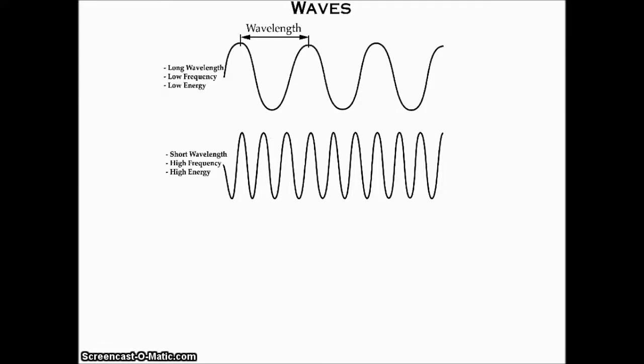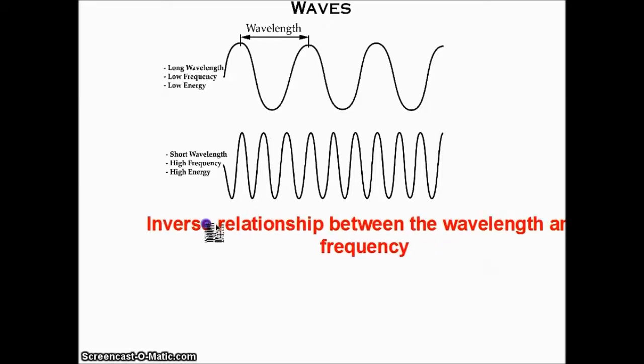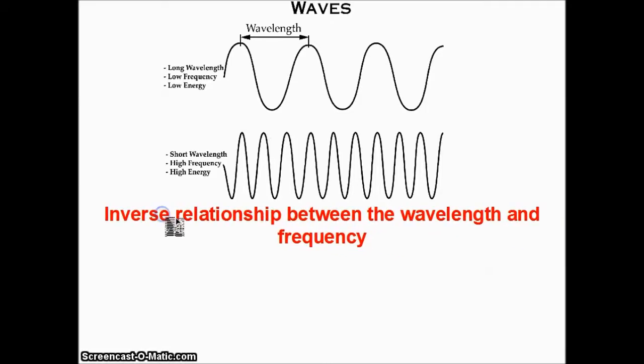So let's look at the relationship between wavelength and frequency. The relationship between wavelength and frequency is an inverse relationship. That just means if one thing goes up, the other goes down. It's kind of like a seesaw. So if we look here, as the wavelength decreases, so the wavelength gets smaller from this wave to the next, the frequency, how many waves you have, goes up.